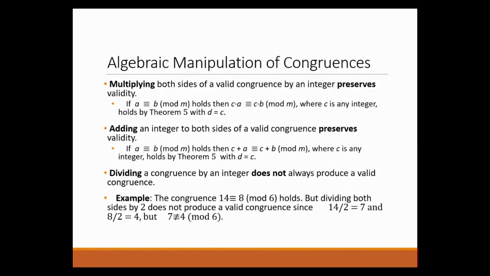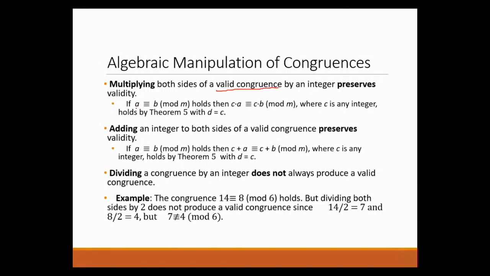So what it states is that if we multiply both sides of a valid congruence by an integer, then it will still preserve its validity.